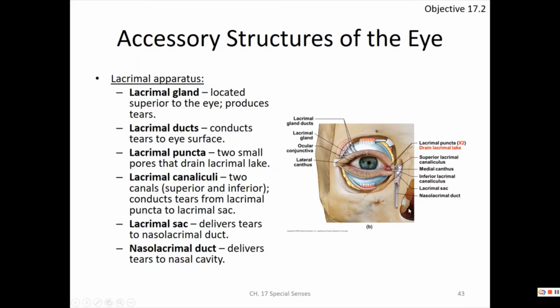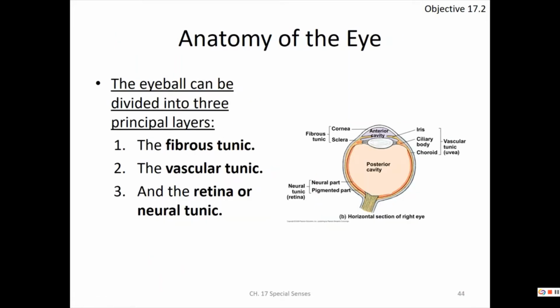All right, so as we move forward, we're going to see the eyeball has three distinctive principal layers to it. It has what we call three tunics. The outer tunic is called the fibrous tunic, covering the outside of the eyeball. Underneath the fibrous tunic is the next tunic called the vascular tunic, which is the middle tunic or layer.